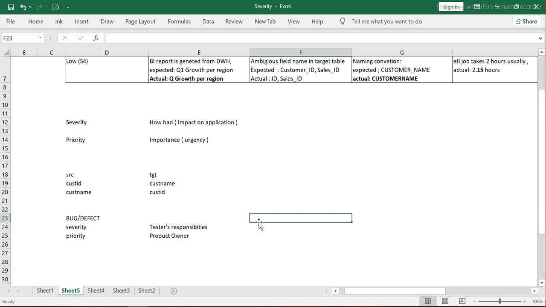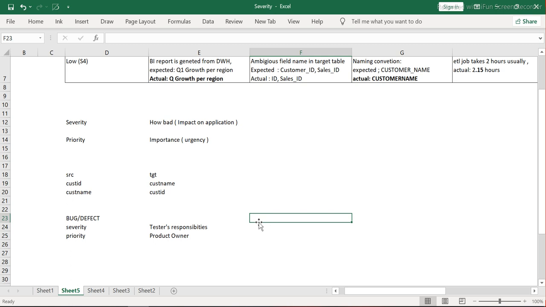In that defect triage meeting, the testing people are also there, and the developer, right? In that meeting, we try to understand from the business point of view whether this particular bug is important or not. So priority is usually assigned by the product owner or the development lead or whoever has more understanding around it, right?